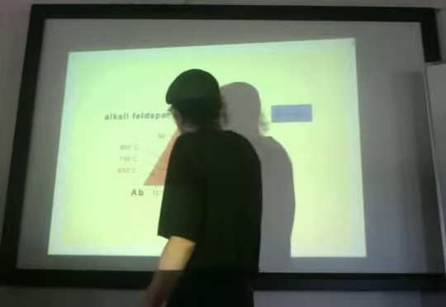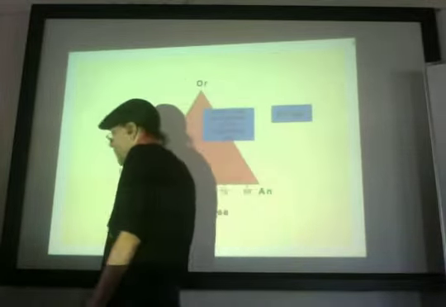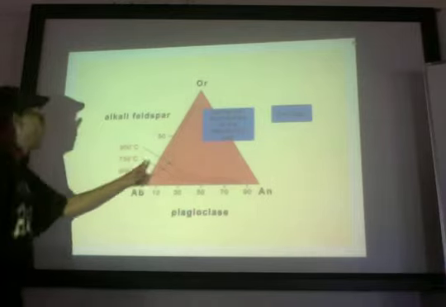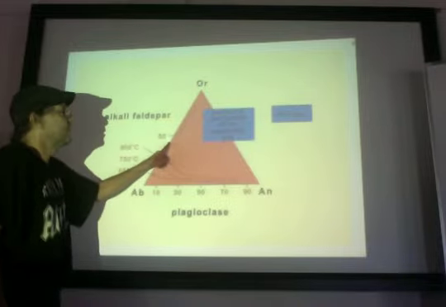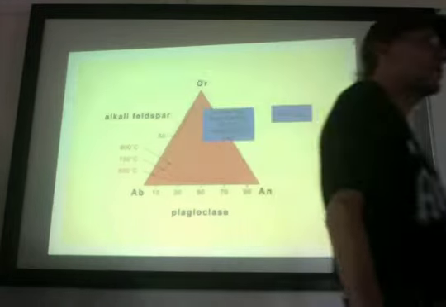At 750 degrees Celsius as well, whereas at 650 degrees Celsius we have there again. So that means at 650 degrees Celsius we cannot form an alkali feldspar with this composition. Not possible. So next slide.